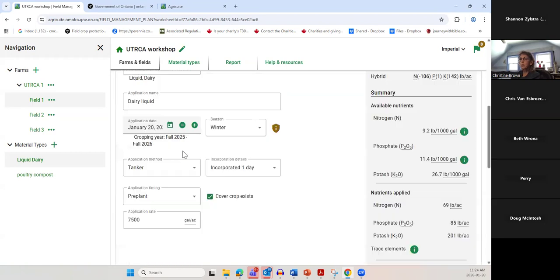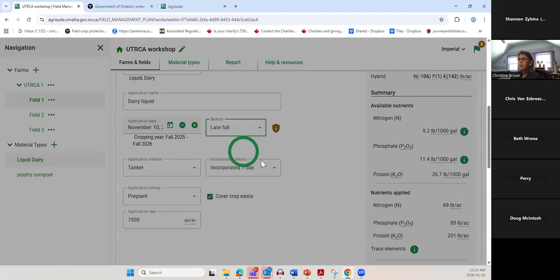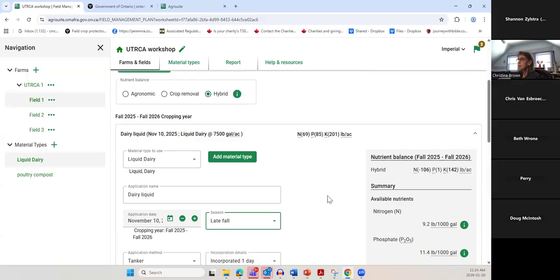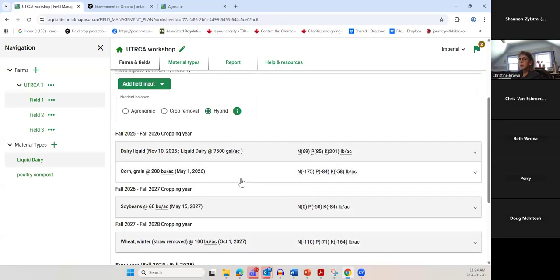Oops, I forgot to change the date back. Late fall. Okay. So applied in November. Corn is planted in May.